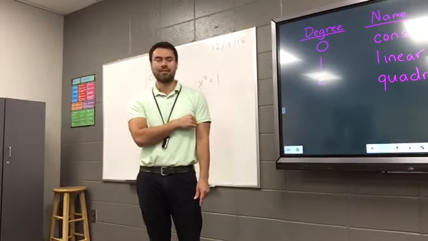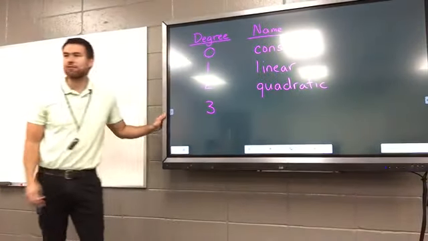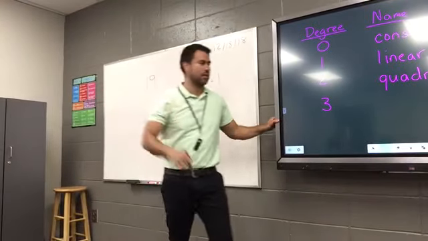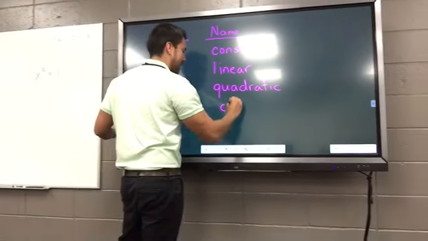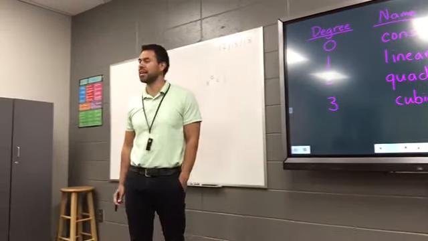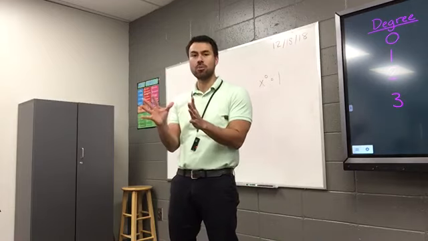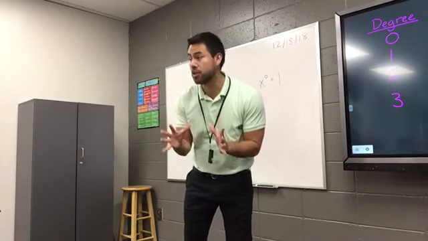You're like, not sure I get that. Let's look at it with 3. What's the special name for a highest degree of 3? Cubic. Cubic? What are you talking about? Wait, what does that sound a lot like in geometry? A cube. If you have a cube, how do you find the volume of a cube?